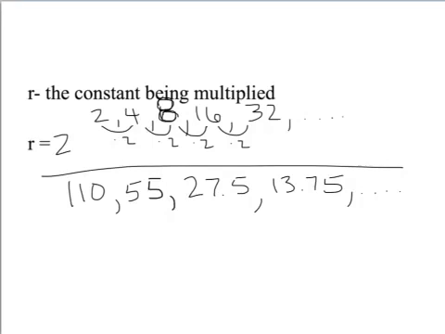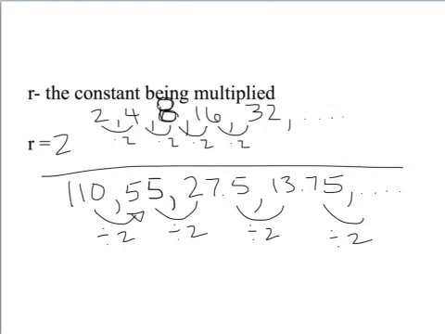It may be hard to see, but to get from one term to the next, you're dividing by 2. So to find my next term, I would also divide by 2.